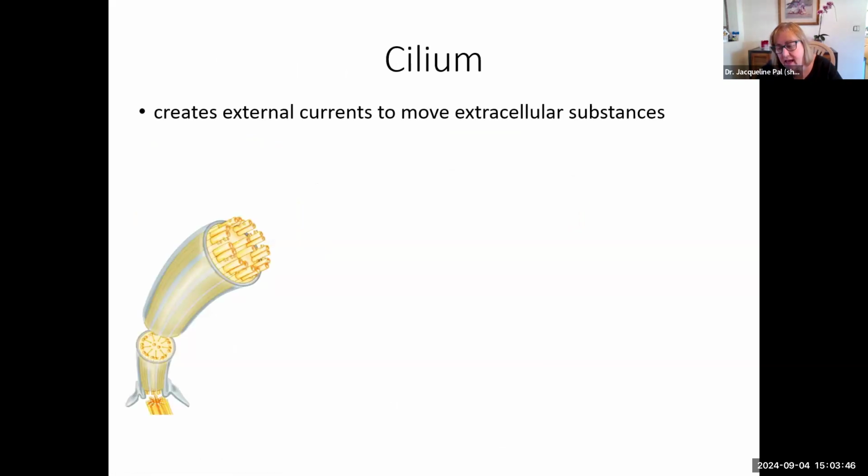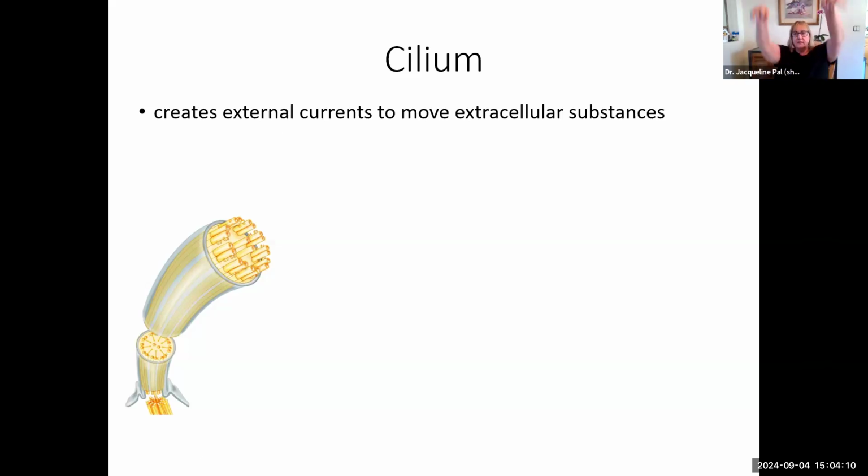Another structure that involves cytoskeleton is something called cilia. Cilia is the plural form, and the singular form is cilium. So here is one cilium, and as you can see, it's got a whole bunch of microtubules, and they're arranged differently than they were in the previous slide. What cilia do is they create external currents.